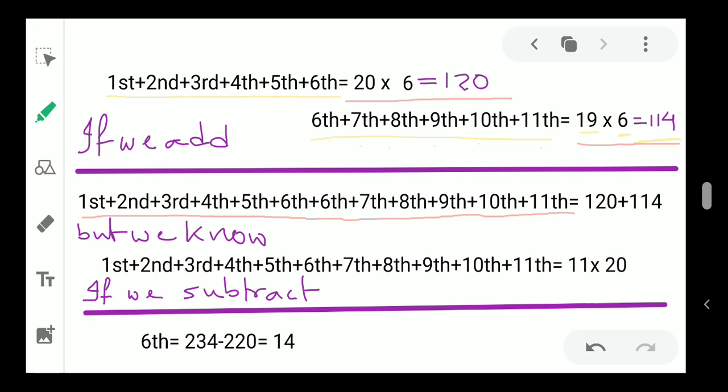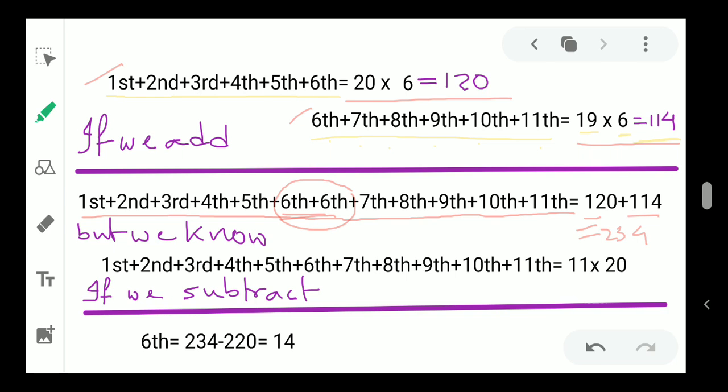But one thing is very interesting to see: when I am adding these two, I am getting the total of all 11 numbers with the 6th number twice, right? So how much am I getting? 120 plus 114, and the result will come, I think, 234, right?